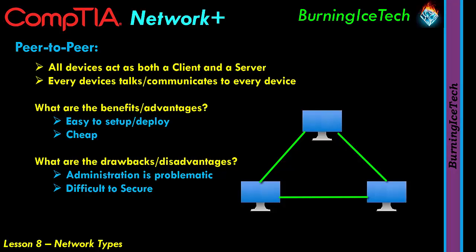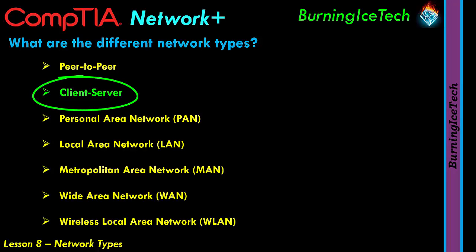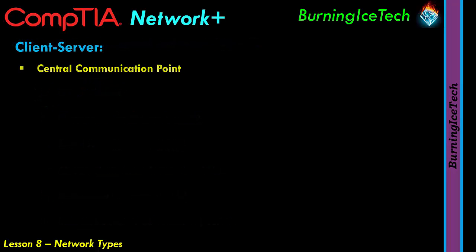Right, and then folks, let's go back to our list of network types. What's next here on our list? Client-server networks. Now, with the client-server network type, guys, there is a central communication point, and this central communication point is usually what? A server. The clients talk, or should I say communicate, with the server, which once again is the central communication point.